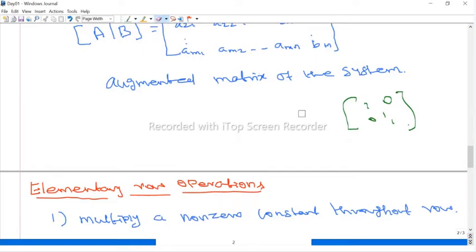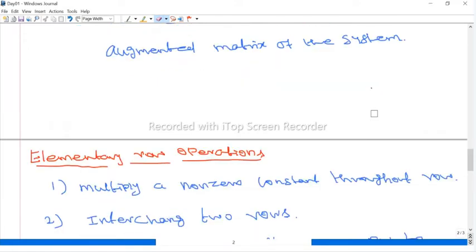Now, these three kinds are what we call elementary row operations. Now, when we say two systems are row equivalent, the next definition is for row equivalent augmented matrices.